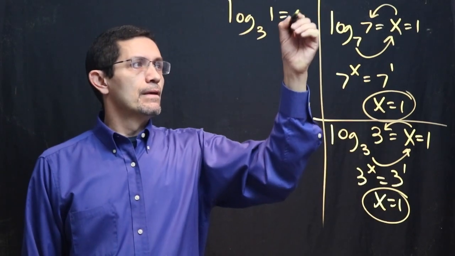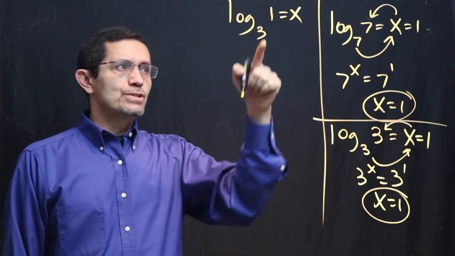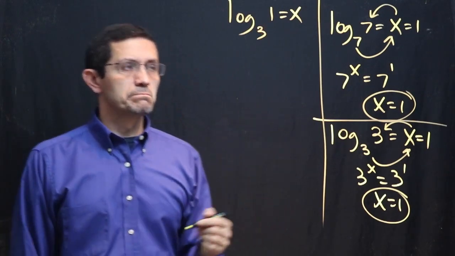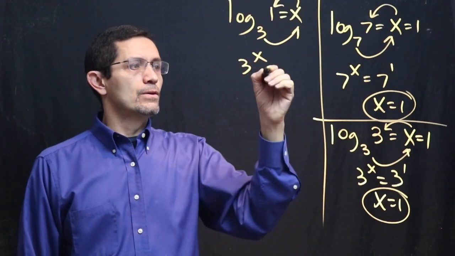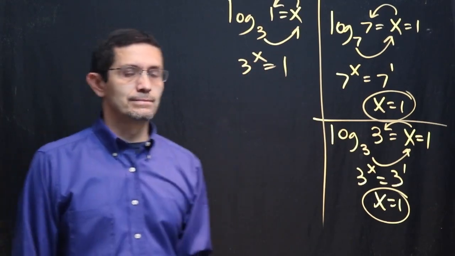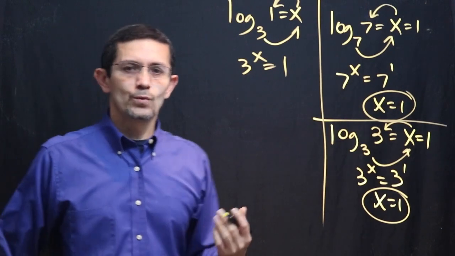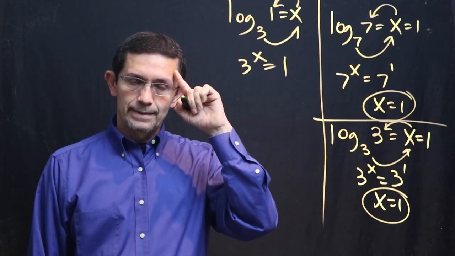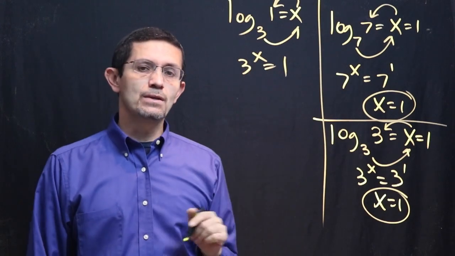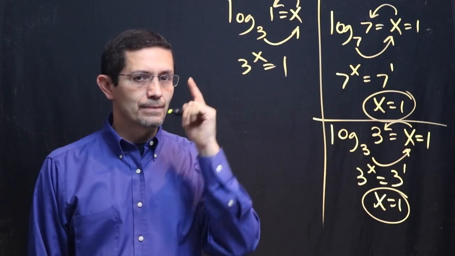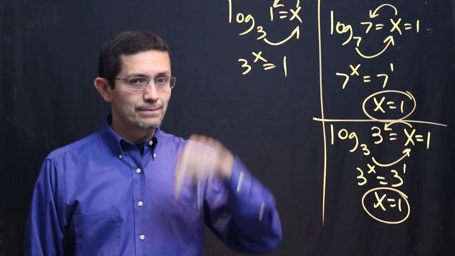What about this one? Log base 3 of 1 equals what? 3 to the x equals 1. Now what do I do? Let's think. What number do I need to raise the 3 to in order for my answer to be 1? That's right, proper exponents. Link in the description.